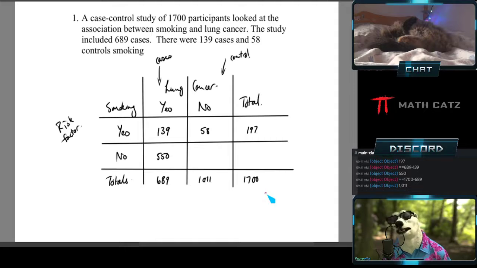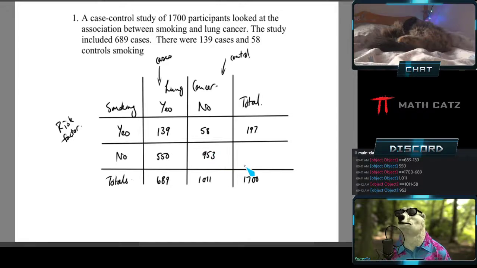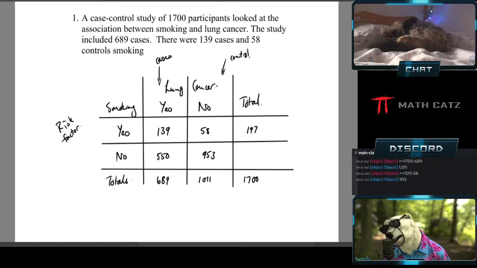If the sample was, I'm just continuing filling this in, and do it with me. If your sample was representative of some community or the population at large, whatever you are trying to investigate, then hopefully these numbers and the corresponding probabilities will be estimates of the true underlying probabilities.